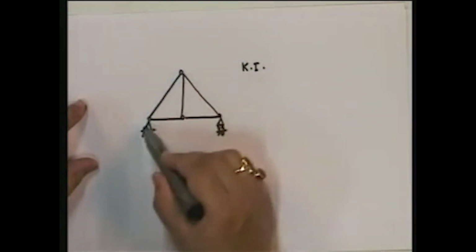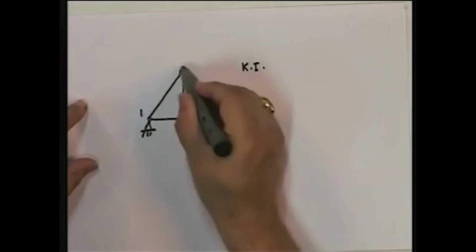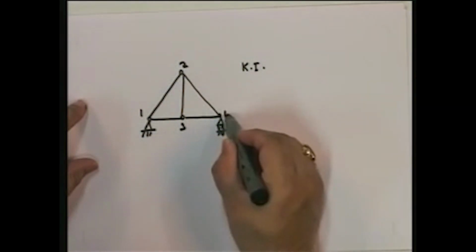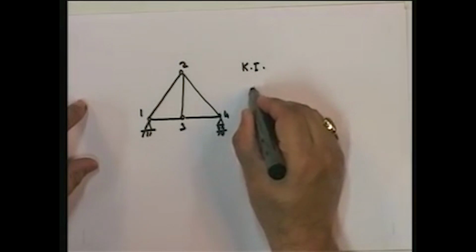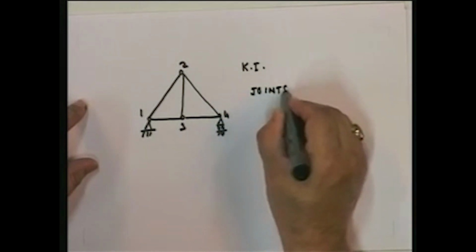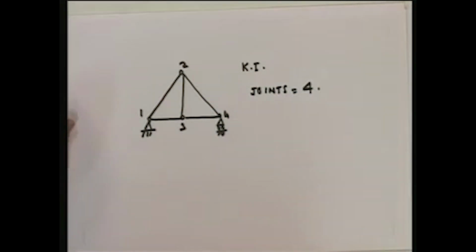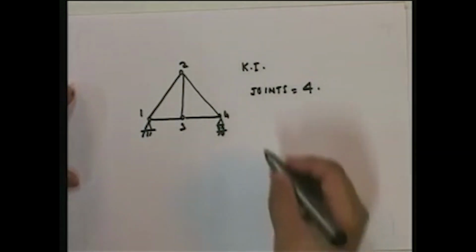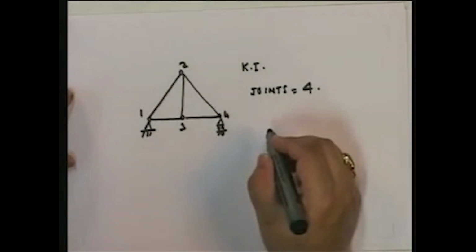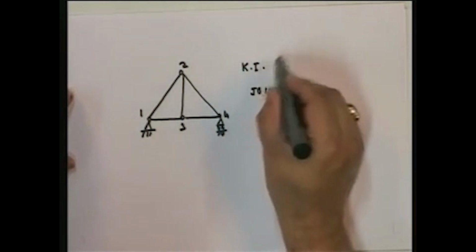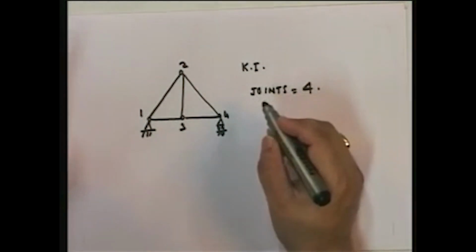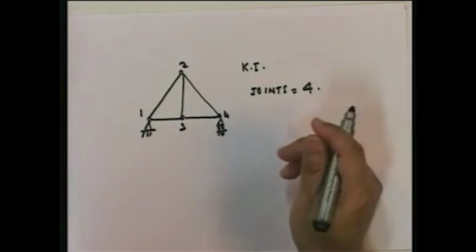How many joints? 1, 2, 3, 4. Joints: 4. So, what are the number of degrees of freedom? Note that kinematic indeterminacy and degrees of freedom are used interchangeably.